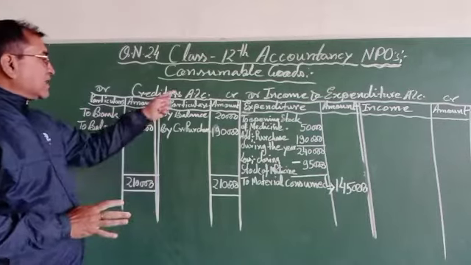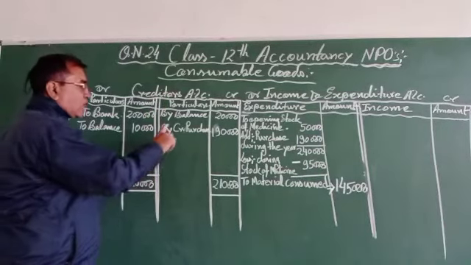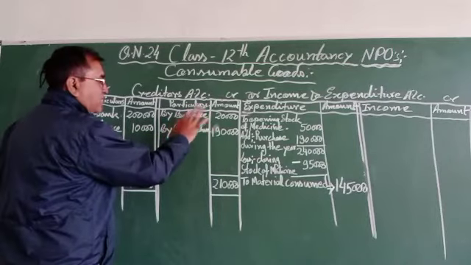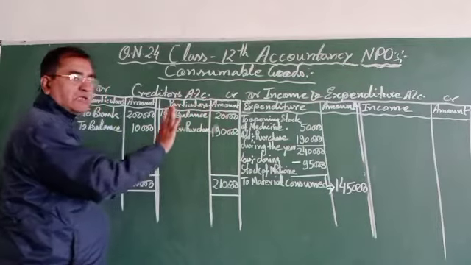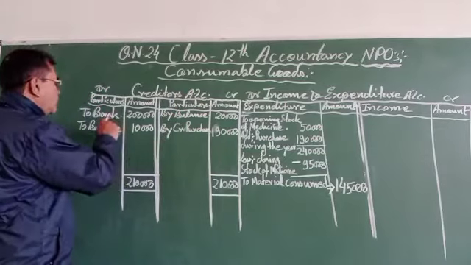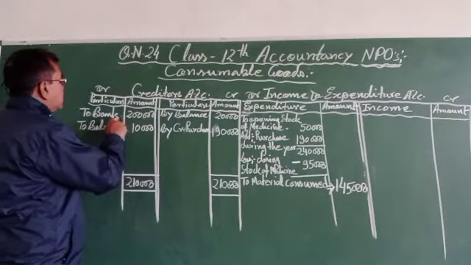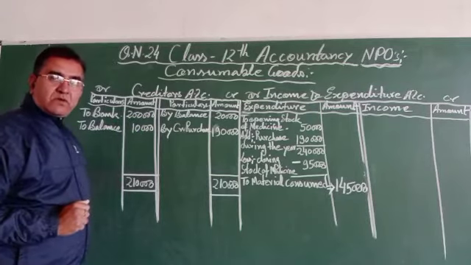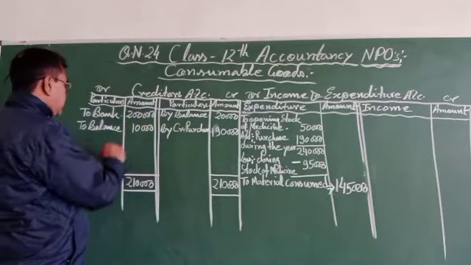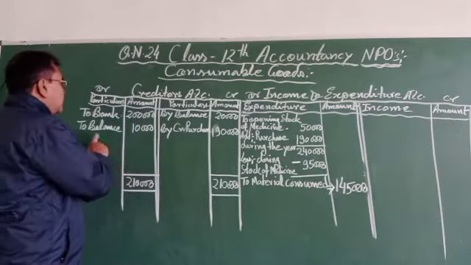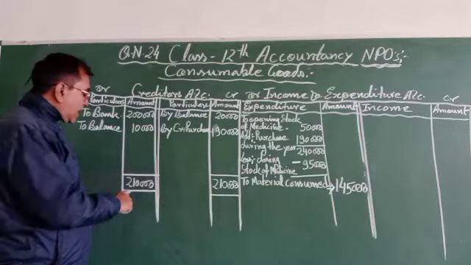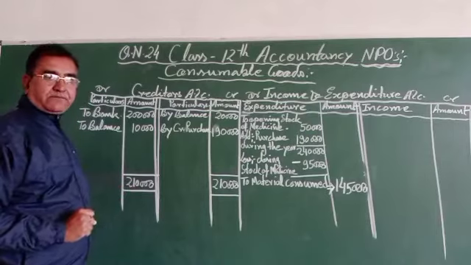So in the creditors account, the opening balance in the credit column, by balance 20,000. The amount paid to the creditors by bank, 2 lakhs, and the closing balance of the creditors 10,000, total 2 lakh 10,000.